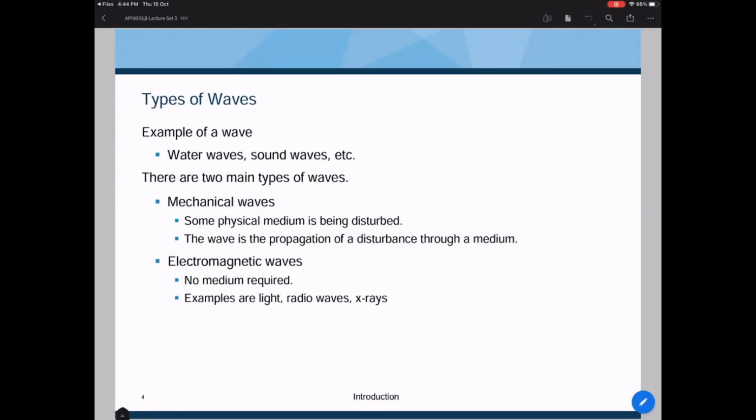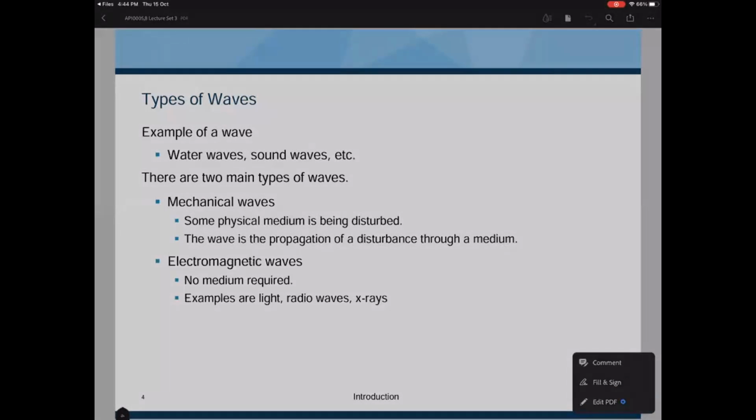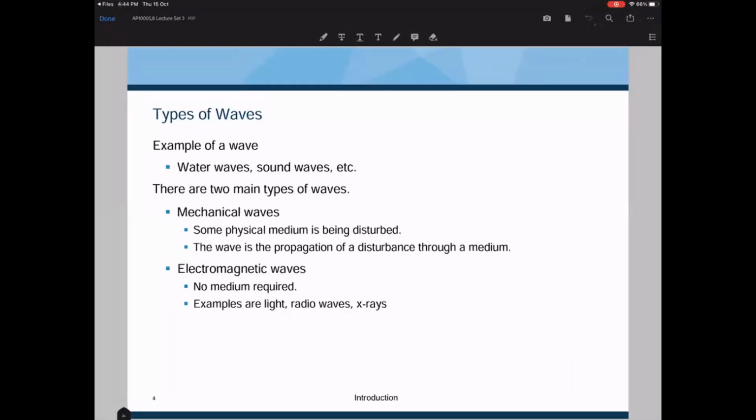There are two major types. One requires a material as a medium. So that is something we call mechanical waves. So in this type of waves, you need to have a physical medium, meaning some material that is present.